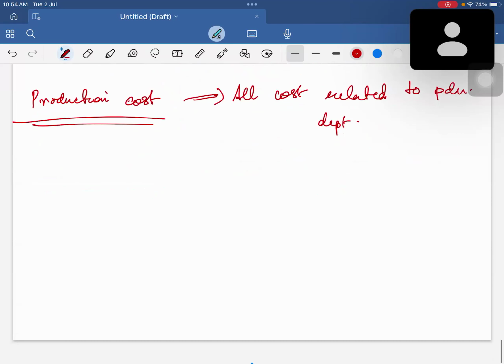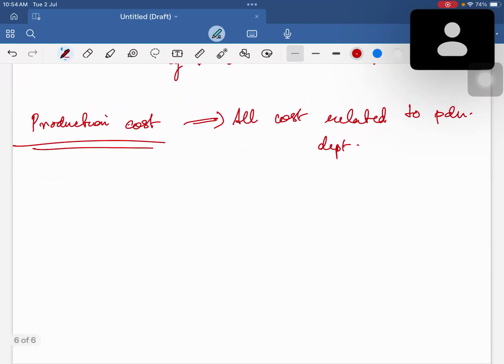Now, in the production department, you have two things. One is something that is directly attributable to the product. The other is related cost that is attributable to the product. So you have prime cost, as we studied earlier: direct labor, direct material, direct expense. If it is not these three categories, it is called production overhead.